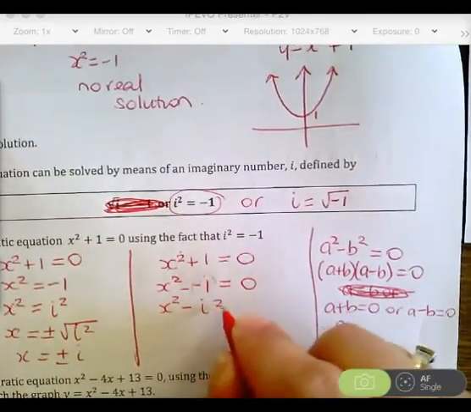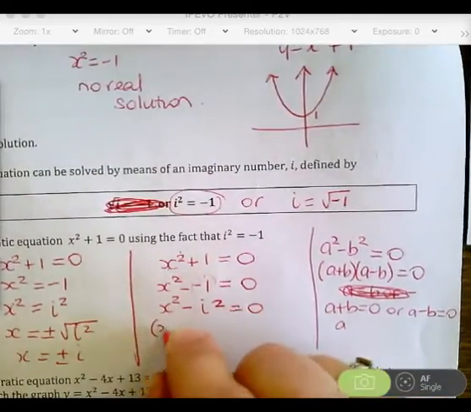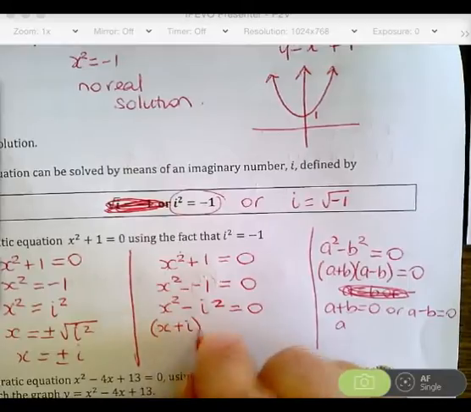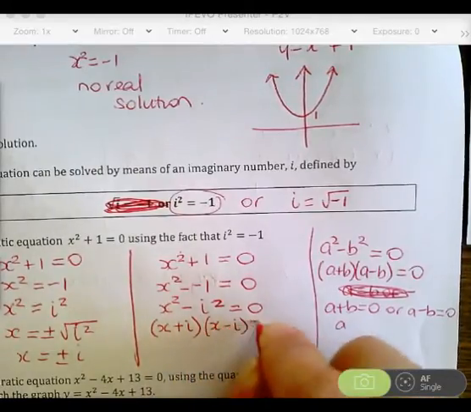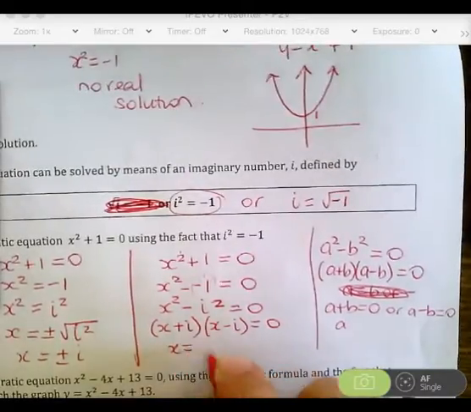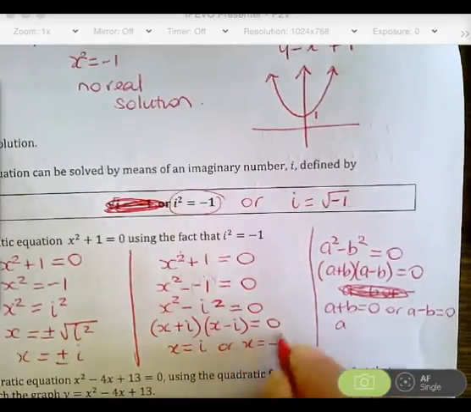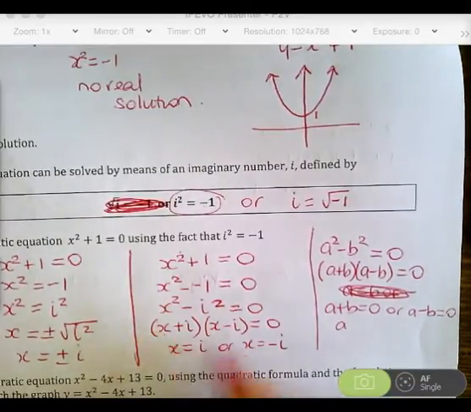So x squared minus i squared equals 0. Now factorise. x plus i, x minus i equals 0. Okay? So therefore x is what? x is i, or x equals minus i. For the first one, x would be minus i. For the second one, x is i. I don't want to write x plus i is 0, therefore x is -i.